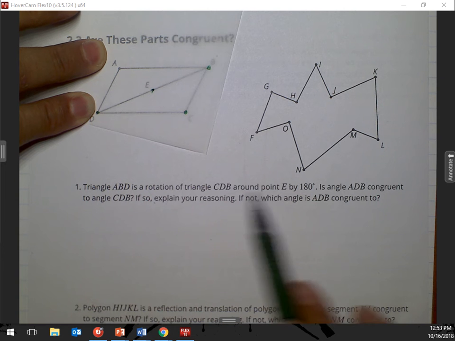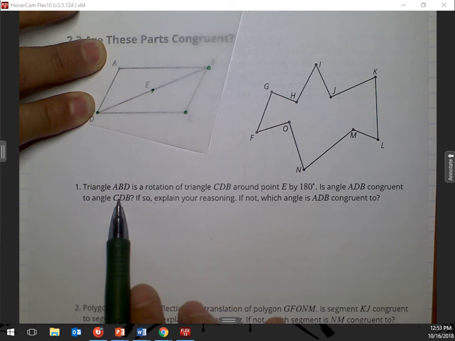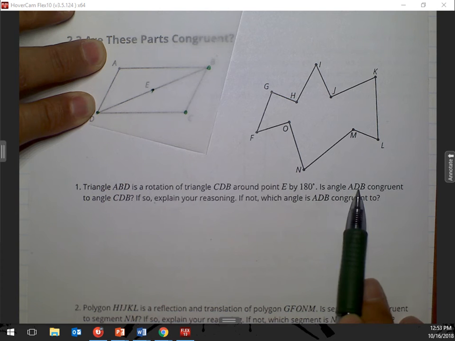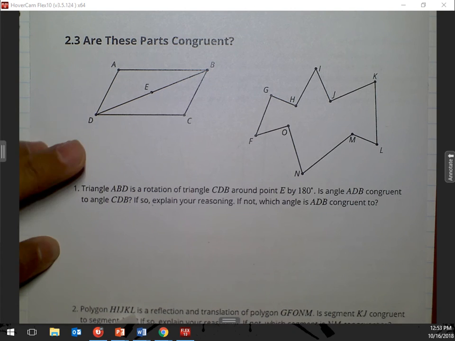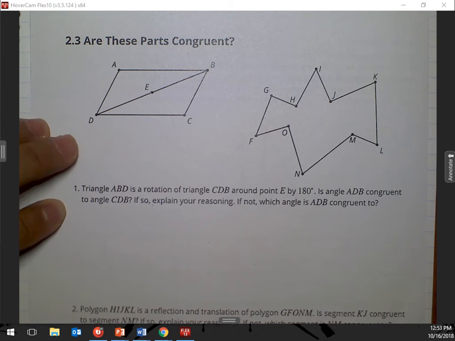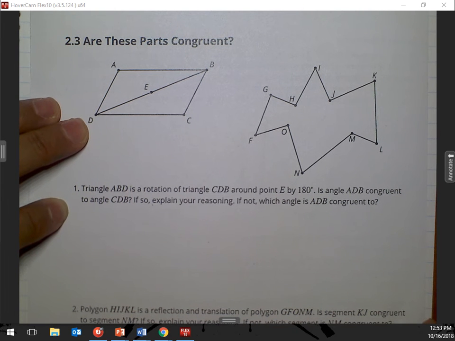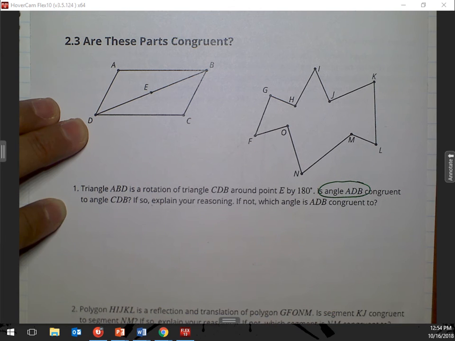Okay, so right here, is angle ABD congruent to CDB? ADB is where? So where's the angle located at? A prime ABD. Where is it located at?